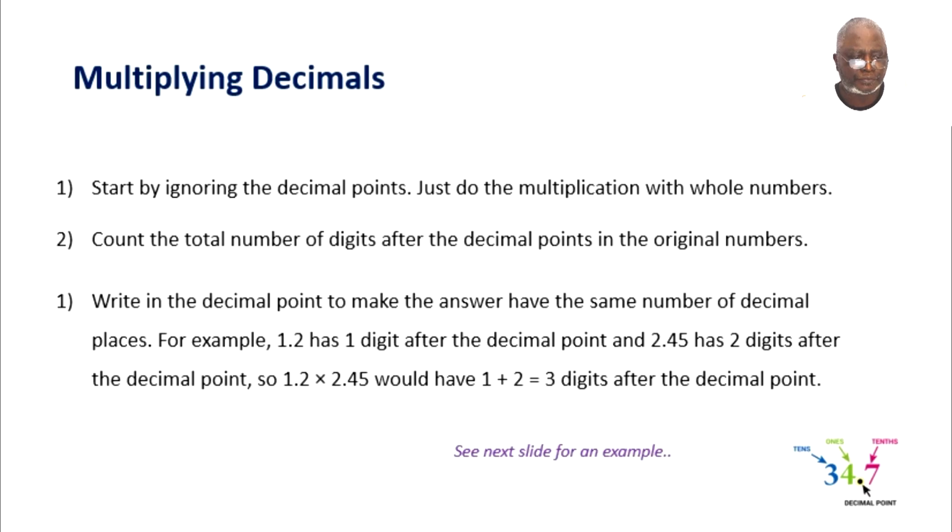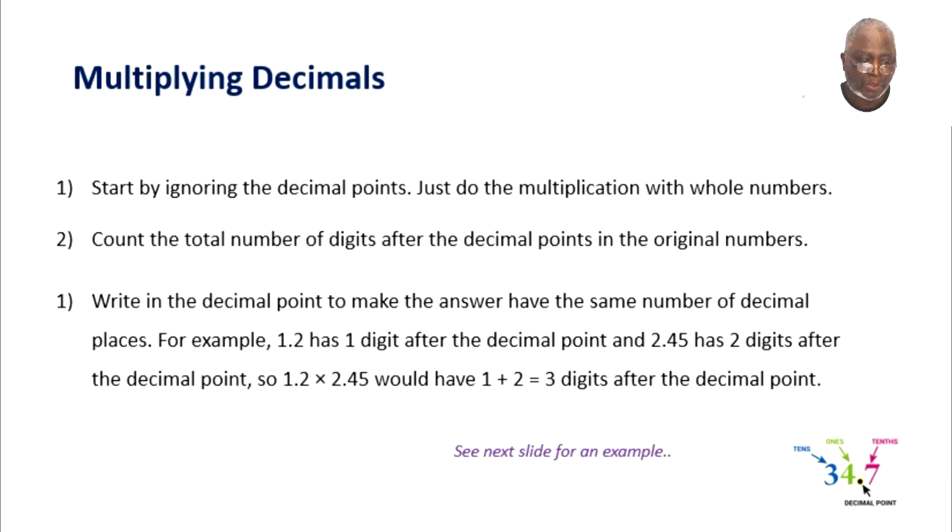Multiplying decimals. Start by ignoring the decimal points. Just do the multiplication with whole numbers like you normally would. Then, count the total number of digits after the decimal points in the original numbers. Write the decimal point to make the answer have the same number of decimal places.